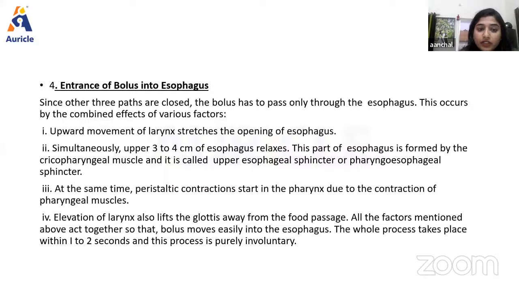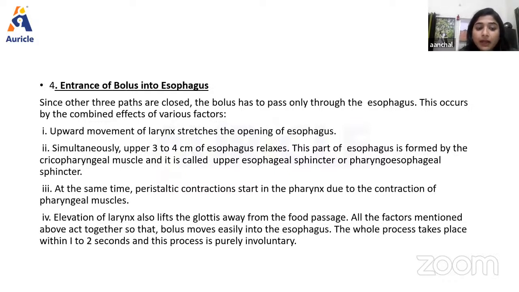Upward movement of the larynx stretches the opening of the esophagus. Simultaneously, the upper 3 to 4 centimeters of the esophagus relax. We know there are muscle fibers present in the esophagus, and there is a series of wave-like contraction and relaxation known as peristalsis. This part of the esophagus is formed by the cricopharyngeal muscles, and it is called the upper esophageal sphincter.